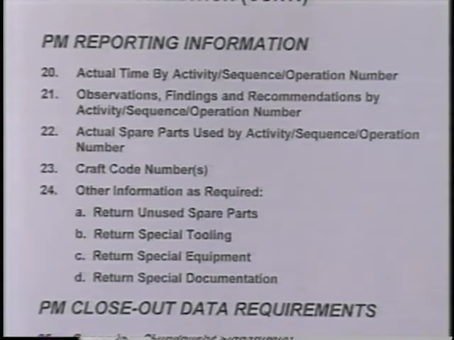Now moving to page 12B, we have another major heading called PM reporting information, and this is the data that we would want to have the various PM craft personnel report or record on the PM form. Observations, findings, recommendations for operating improvement, plus time on the job.